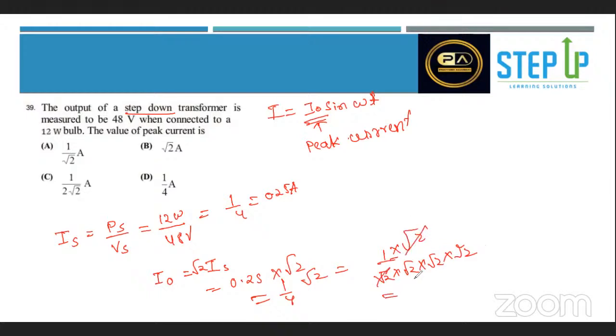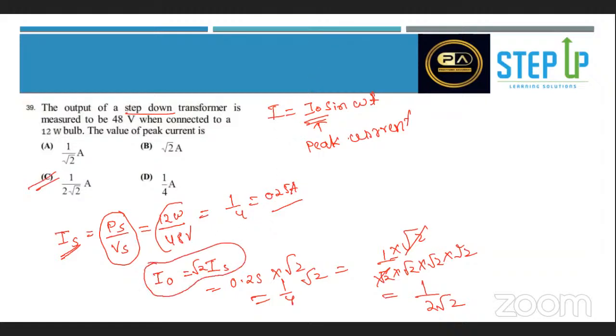This gets cancelled, so I get 1 over 2 root 2. So 1 over 2 root 2 is the answer. This is the formula for secondary current. I found it by power in the secondary circuit divided by the potential difference in the secondary, substituted it, got current, and this is the value for I naught. Okay. Good.